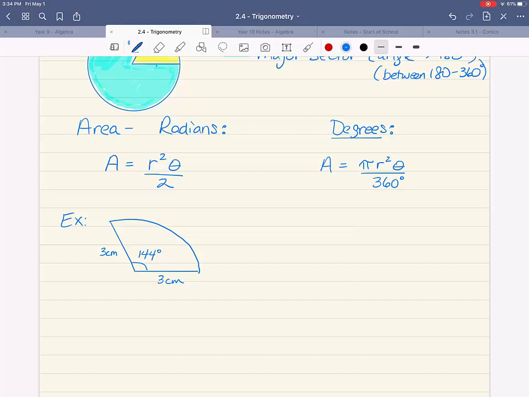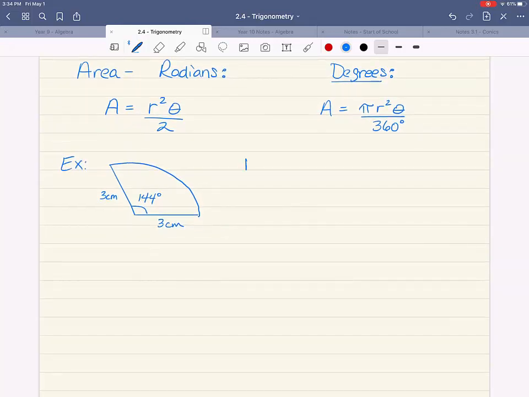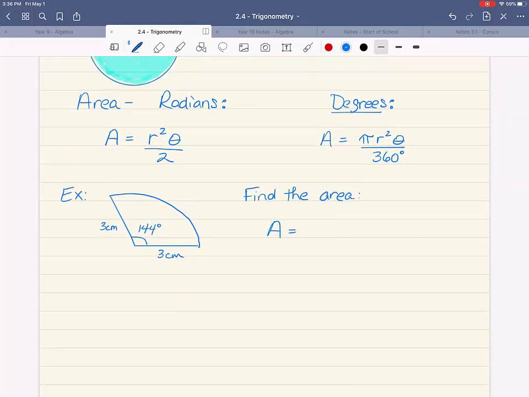The question is going to ask me to find the area. So the formula once again is pi times the radius 3 squared times the angle 144 degrees divided by 360 degrees. So that is what we're going to put into our calculator.